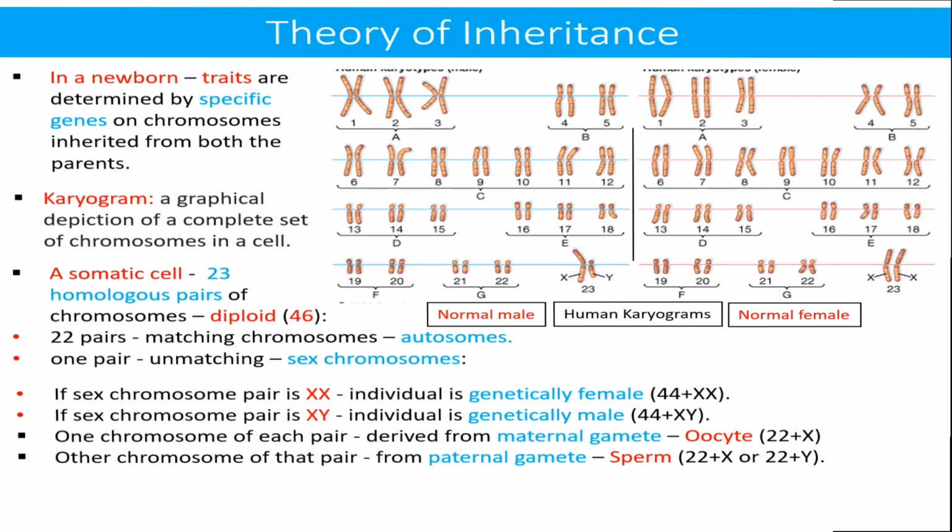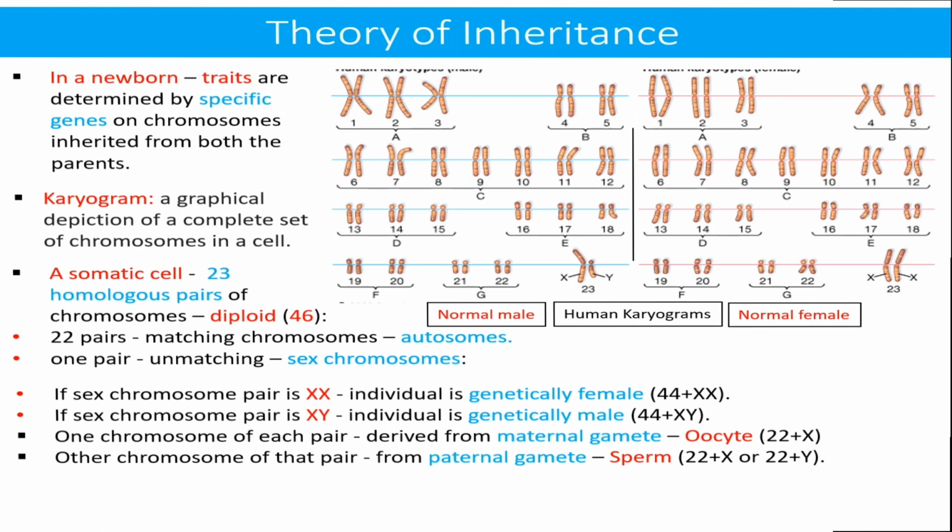If the sex chromosome pair is XX, the individual is genetically female, whereas if the sex chromosome pair is XY, the individual is termed genetically male.